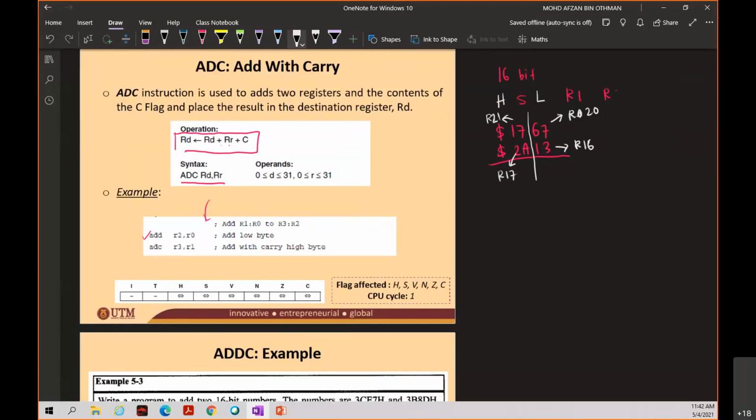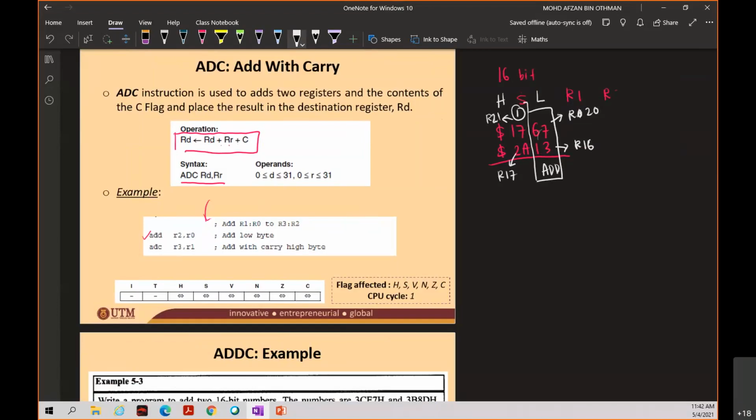So to add this 16-bit number, for the lower byte we can use the ADD instruction. After you do this addition, sometimes it will produce a carry. After you add these two low byte numbers, it will produce a carry. So what happened here?